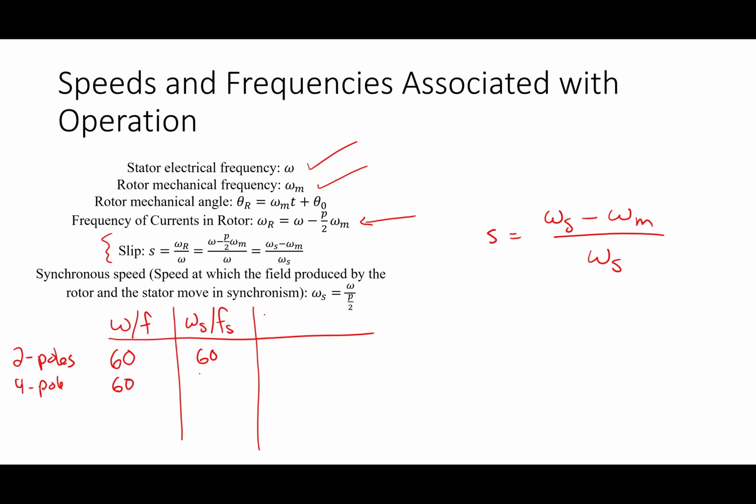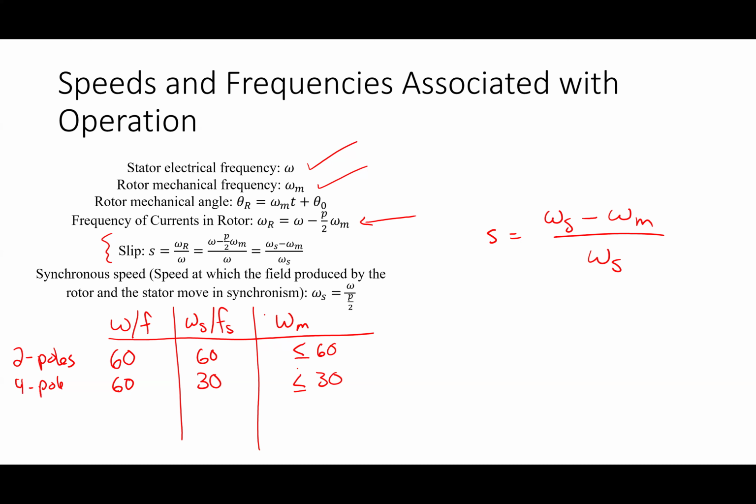What's the maximum speed I can go then? 30. So the mechanical speed is always less than or equal to 60 here, and here it's less than or equal to 30. That's the important thing.